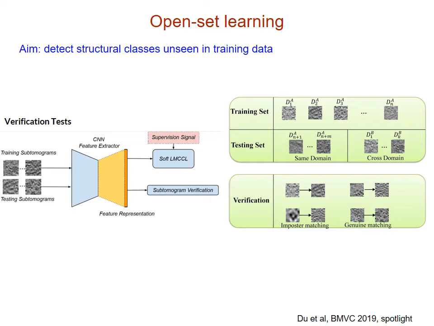Therefore, we have developed an open set learning method to determine whether two test subtomograms belong to the same structure class or not, regardless of whether the structure class exists in the training data or not. This work has been accepted as a spotlight presentation at BMVC, which has an acceptance rate of less than 6%.